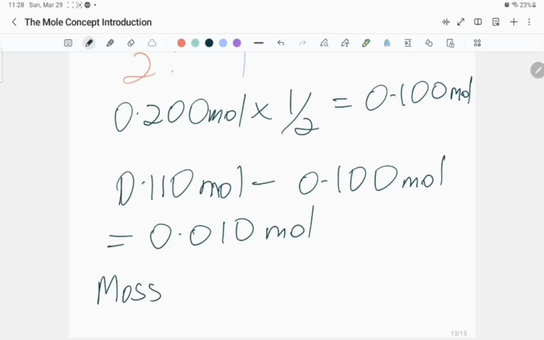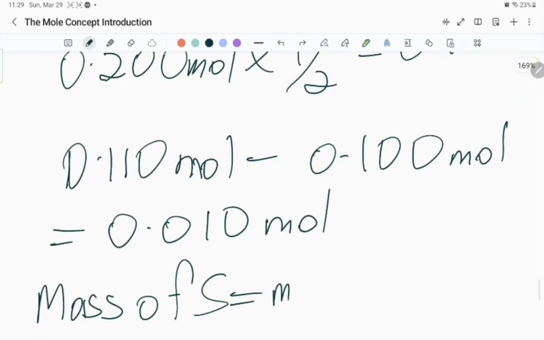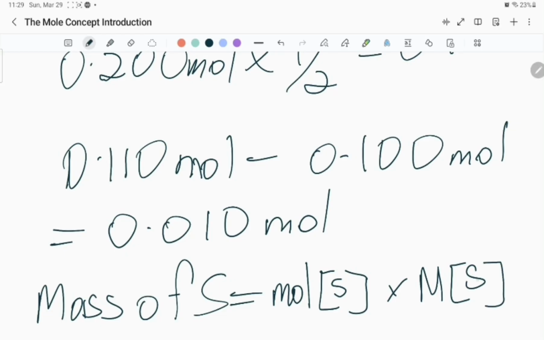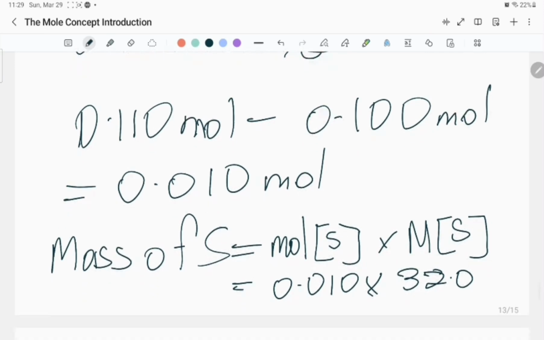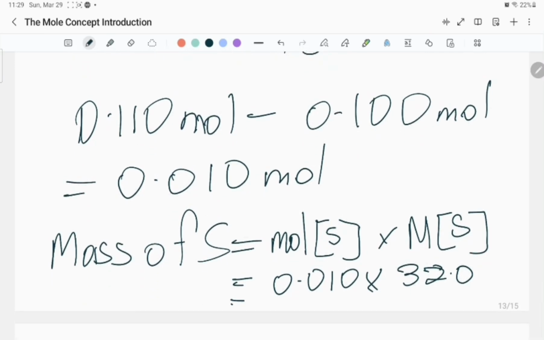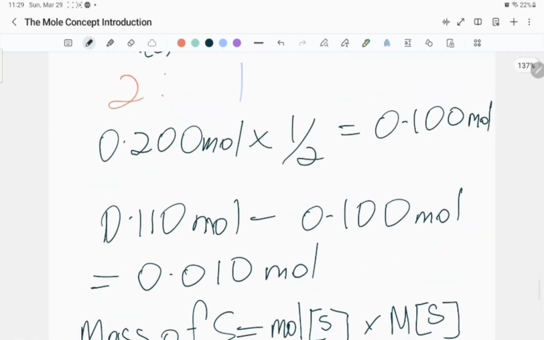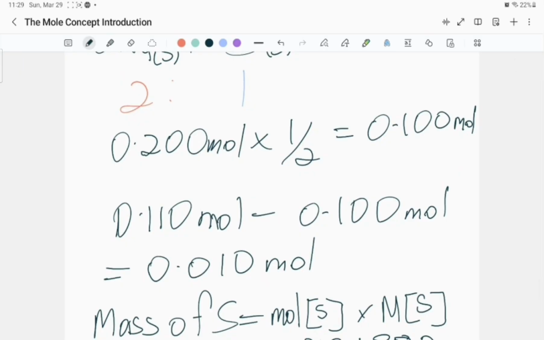So the mass of sulfur is going to equal the moles of sulfur times the mass of sulfur, and that's going to equal 0.010 times 32.0. This is going to equal 0.320 grams.